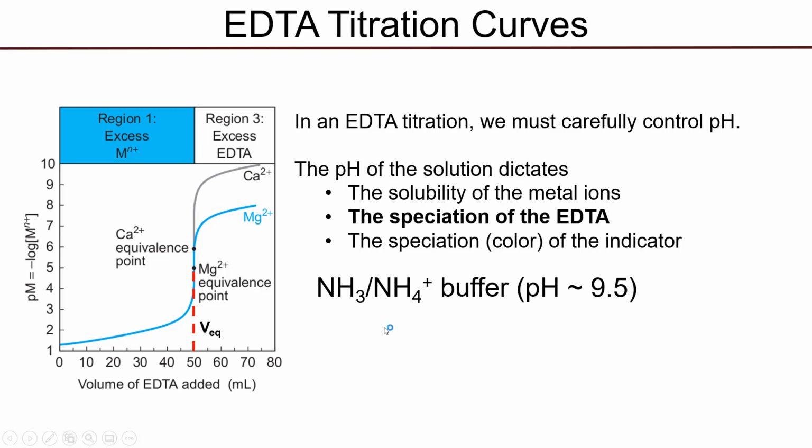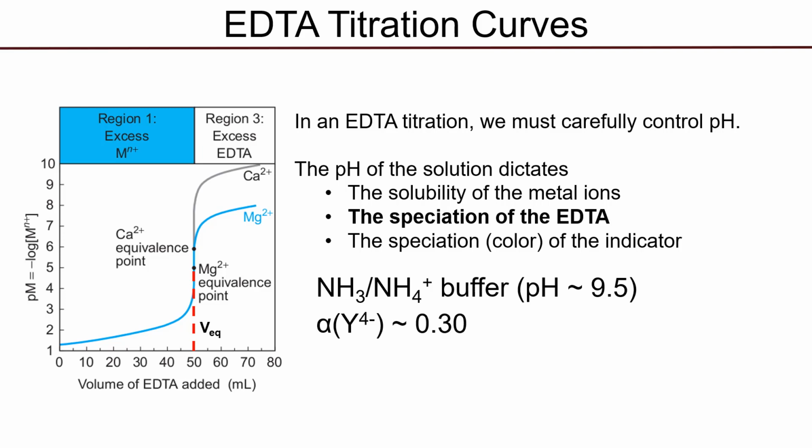So in our hard water titration, we buffered the solution with an ammonia-ammonium hydroxide buffer, raising the pH to about pH 9.5. High enough for the EDTA to be significantly deprotonated, but not high enough that either calcium or magnesium would precipitate as the insoluble hydroxide. So it'd still be in solution and available for binding to EDTA.